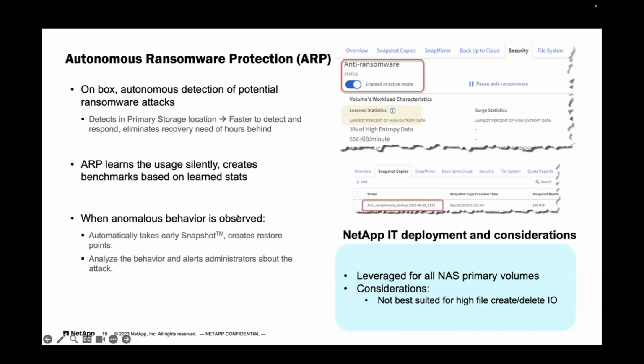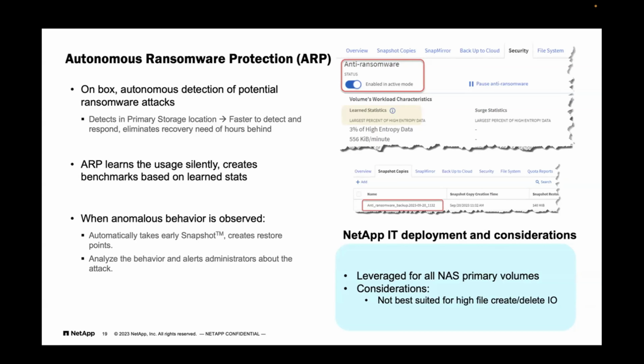So in the next release of ONTAP, which is 9.16 most likely, there is no need for a training period or a dry run period. They're going to have trained models available. So as soon as you activate this feature, right at that very second, you have protection available.